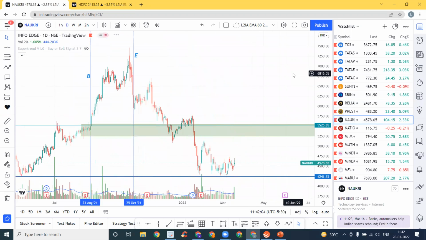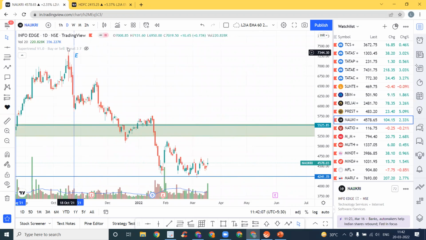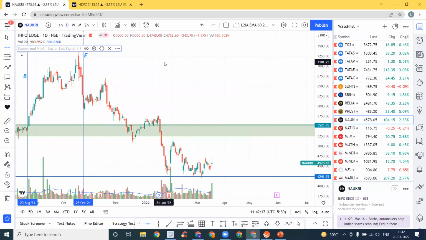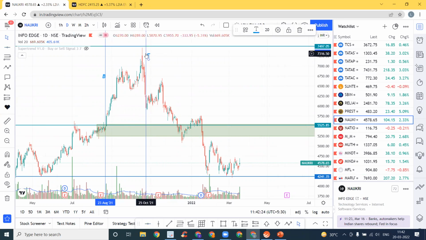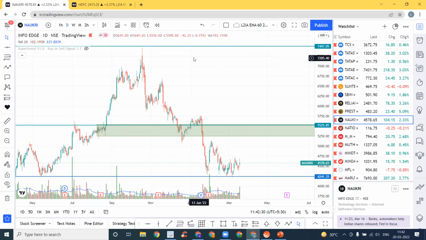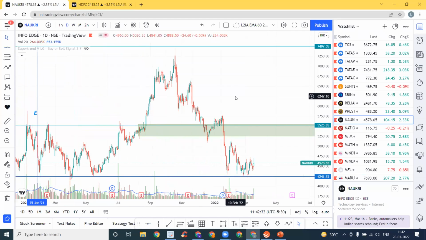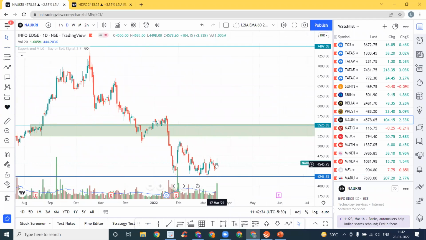Here I can see a chart. If you see from here, this was my swing high. I'm putting a horizontal line so that you understand that this is a high. So here is my high, and here you can see the stock has come.